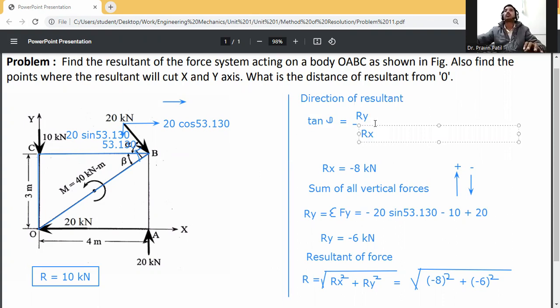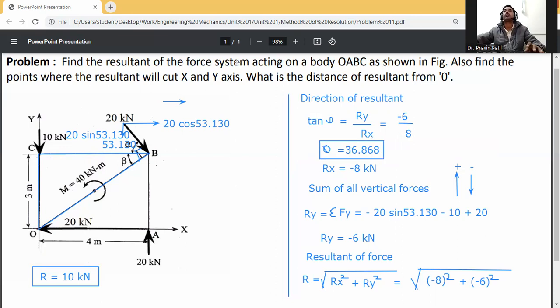So Ry by Rx is minus 6 by minus 8. So theta is equal to tan inverse 6 by 8, which will be 36.868. Okay, so this one is theta, the direction of the resultant.